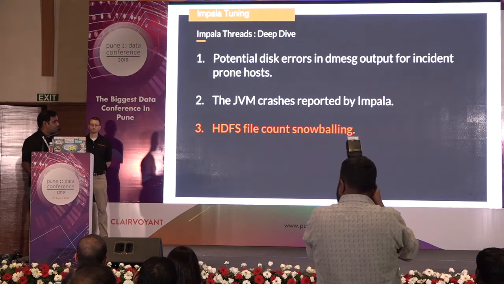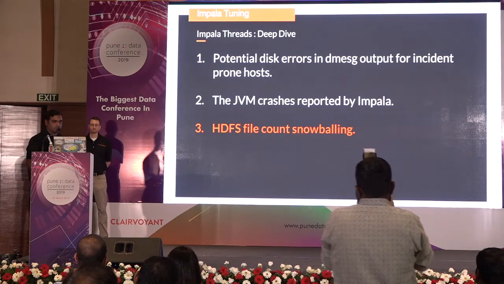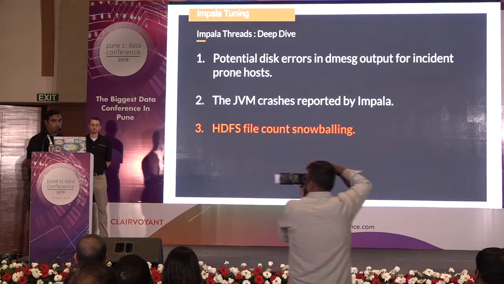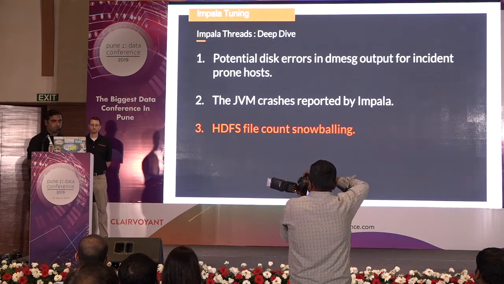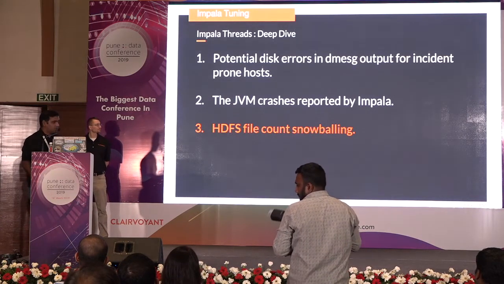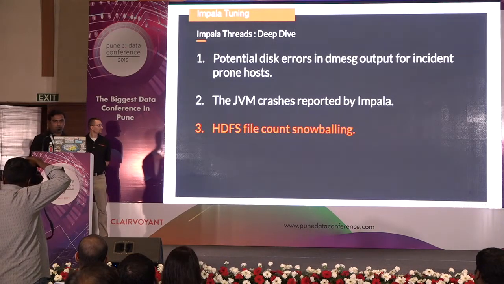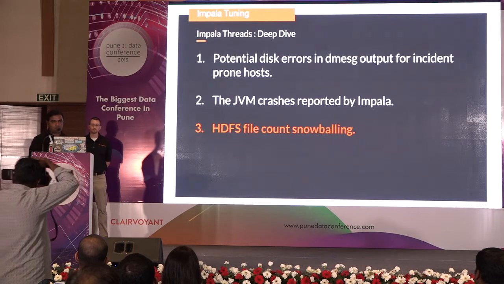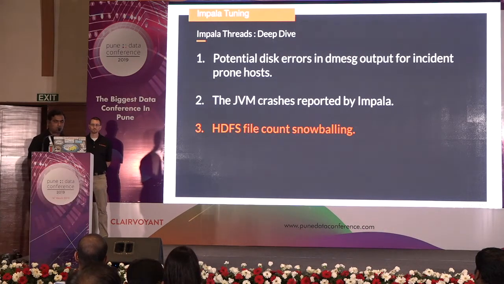The disk errors, which showed slowness in the disk, and they had some errors with the disk, probably because of the very heavy load of the queries that are running, or probably the host being used for multiple reasons. And then we had JVM crashes reported by Impala. So the Impala coordinators, or probably the Impala daemons, were having problems with the JVM, and we tuned it to solve those problems overall. The last one is the HDFS file count snowballing.